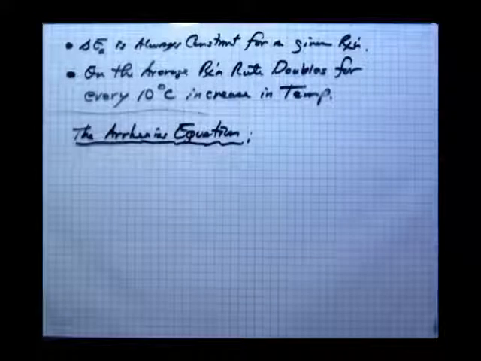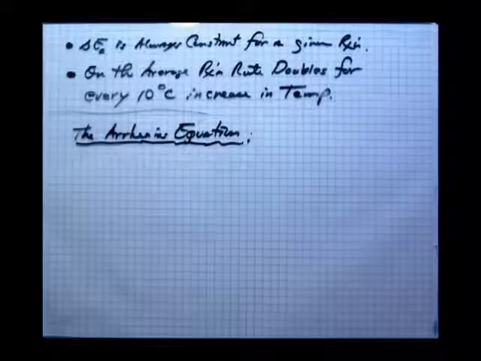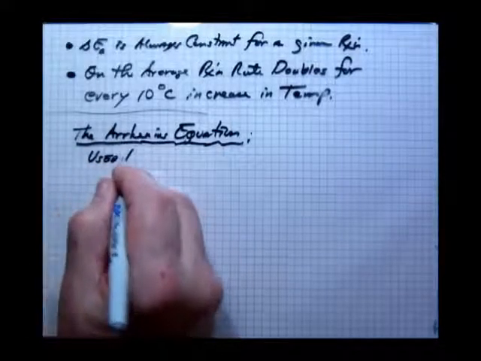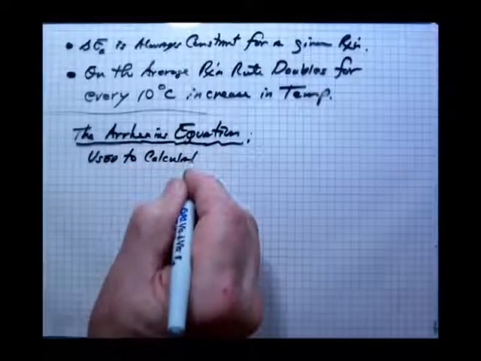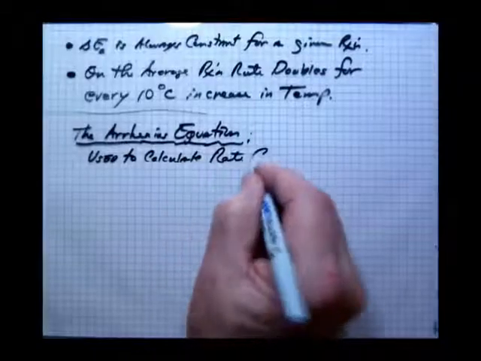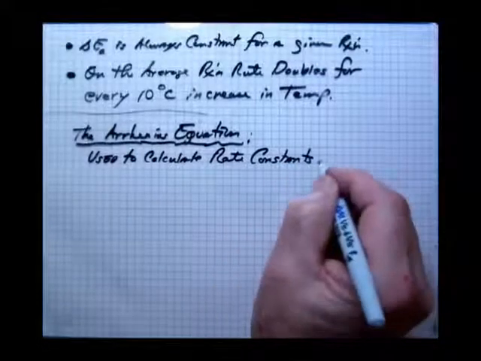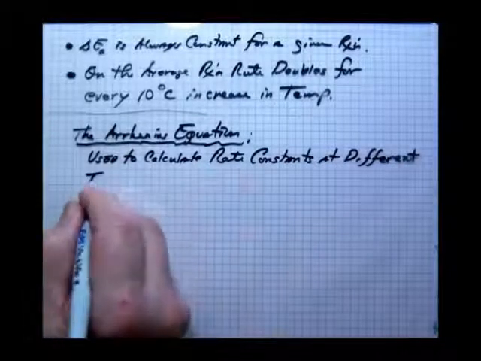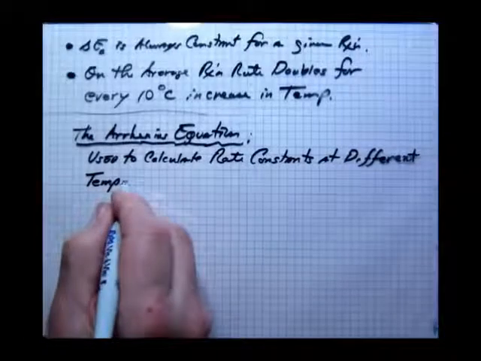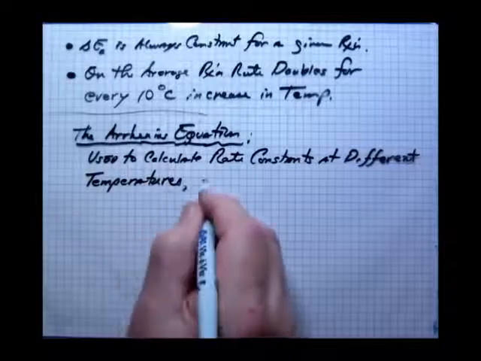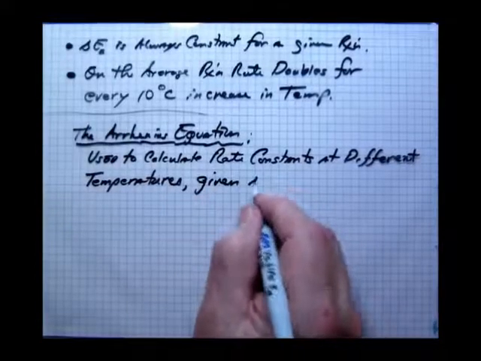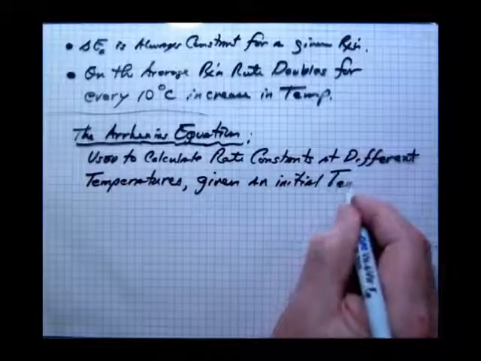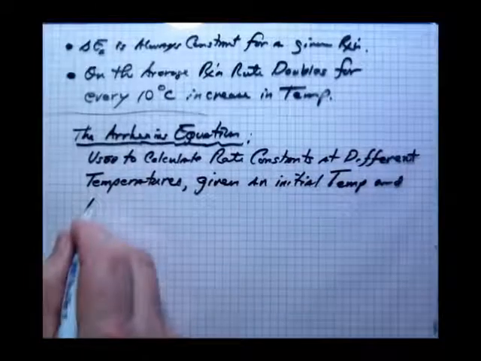The Arrhenius equation is used to calculate the kinetic rate constants at different temperatures, given an initial temperature and rate constant.